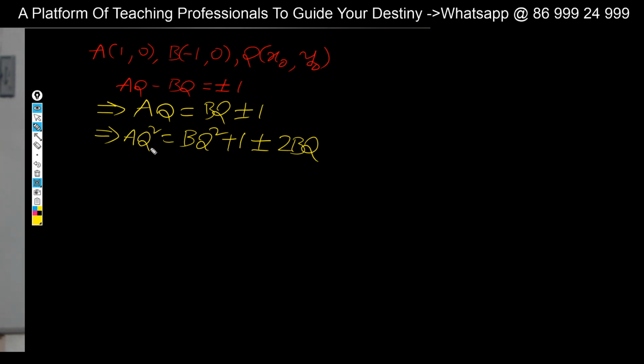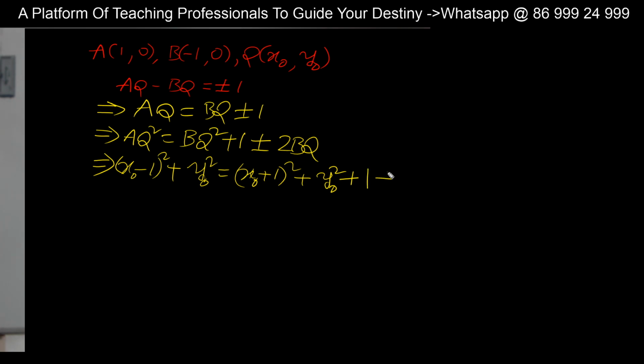Now let us apply the distance formula without the root because the square is there. So it is (x0 minus 1) whole square plus y0 square is equal to (x0 plus 1) whole square plus y0 square plus 1 plus or minus 2BQ.